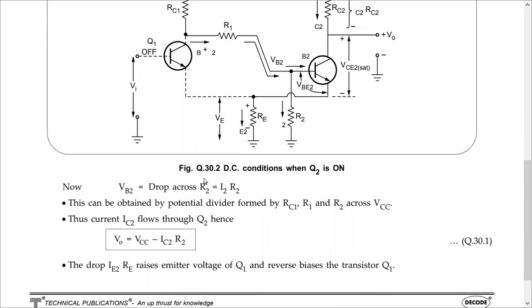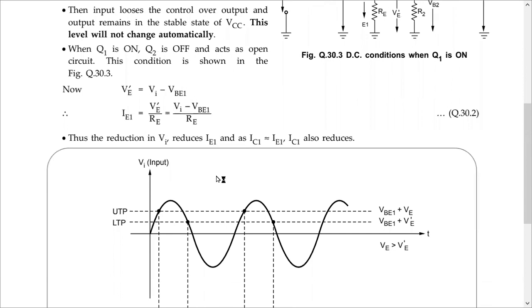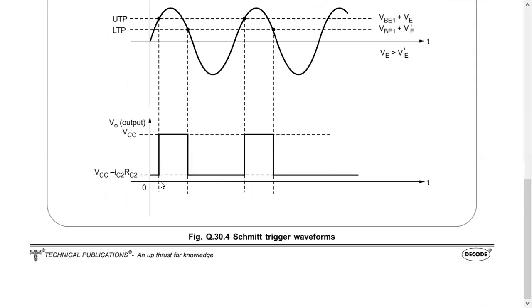So V0 will toggle between these two voltages: one is VCC and the other is VCC minus IC2RC2. So far we discussed how to turn on Q1.